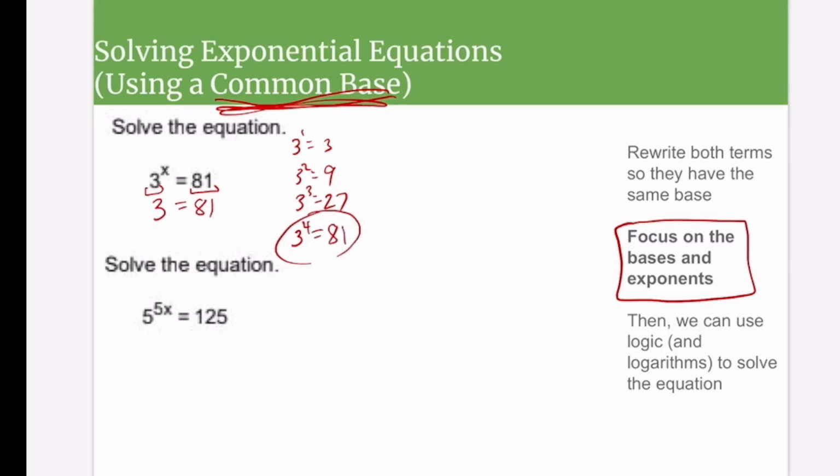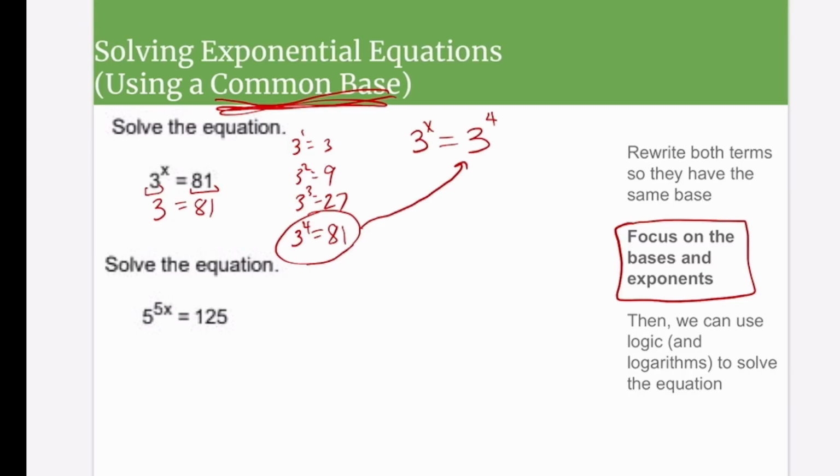There we go. So 3 to the fourth is 81, right? So we can rewrite our problem now as 3 to the x equals 3 to the fourth power, because 81 is 3 to the fourth. So that's how we're substituting that.